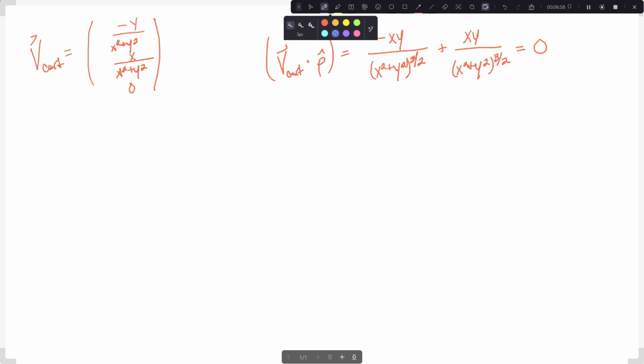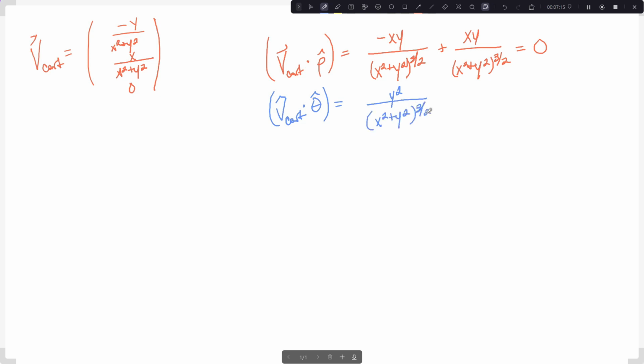If I compute V Cartesian against theta, I gain, I suppose that's y squared over x squared plus y squared to the 3 halves plus x squared over x squared plus y squared to the 3 halves. And now my numerators add together and I gain x squared plus y squared, and they're going to cancel with exactly 2 of the 3 halves in the denominator, so I end up with 1 over root x squared plus y squared.